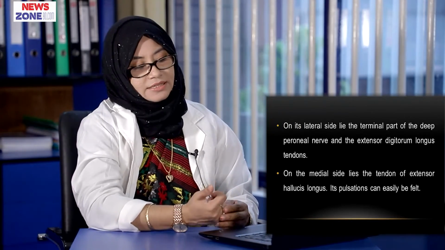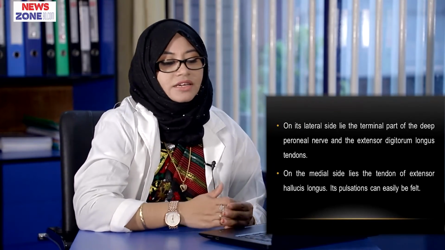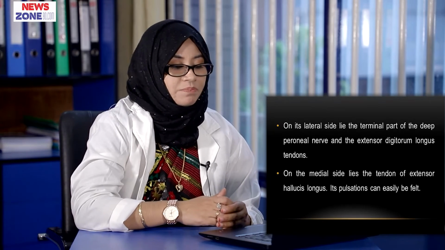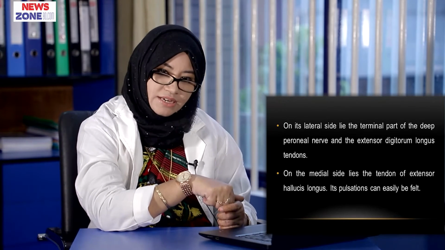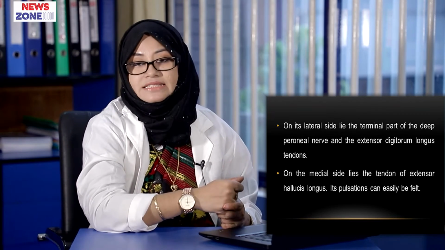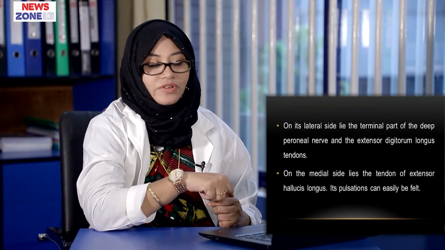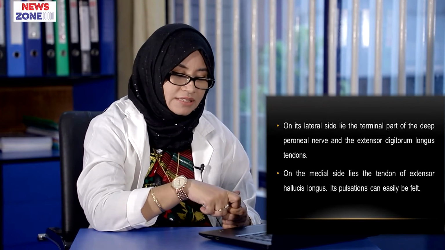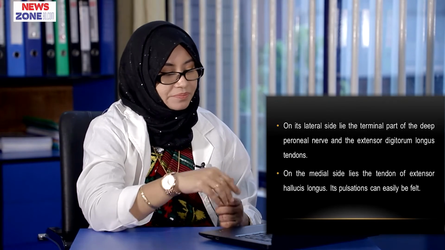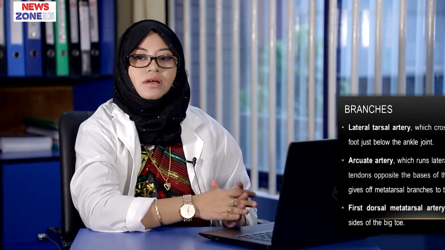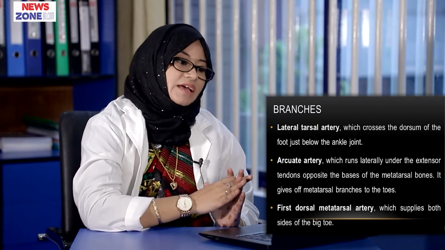On its lateral side lie the terminal part of the deep peroneal nerve and the extensor digitorum longus tendons. On the medial side lies the tendon of extensor hallucis longus and its pulsation can be easily felt here. Now, branches.